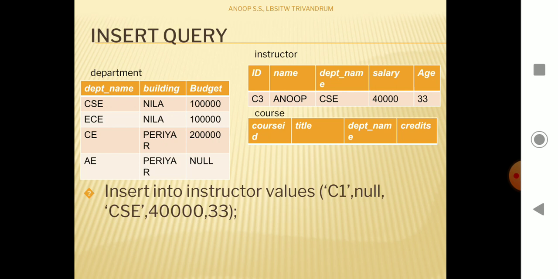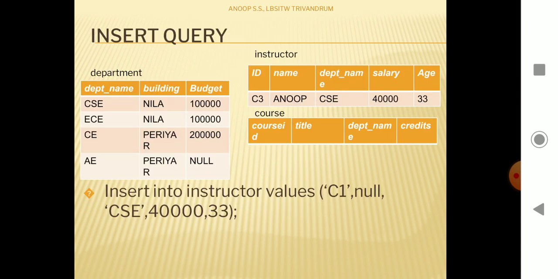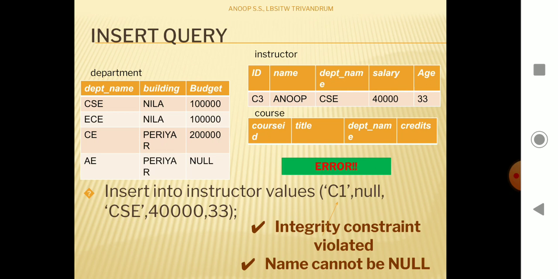So this insert query will cause an error. It will not get executed. It gives an error because the name cannot be null. The name attribute is set as not null, so it gives the error integrity constraint violated.